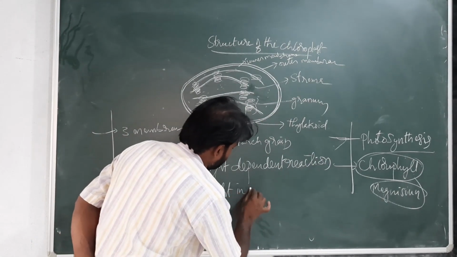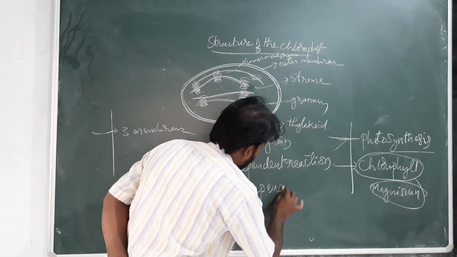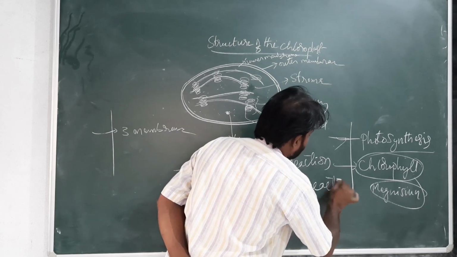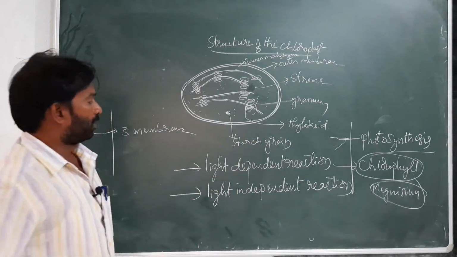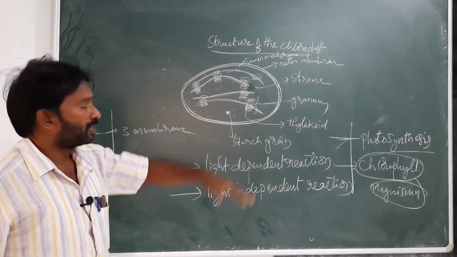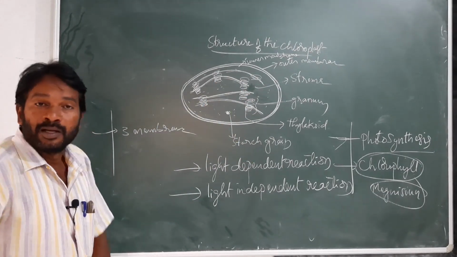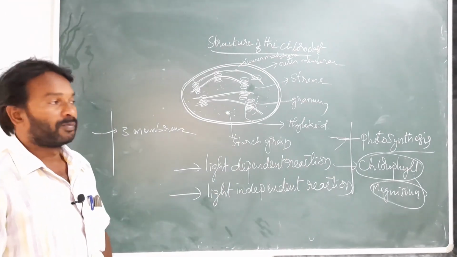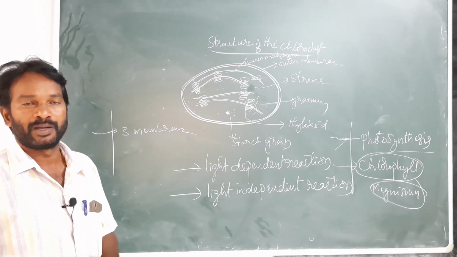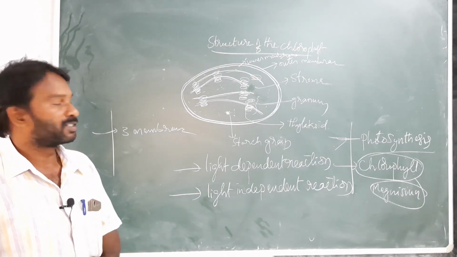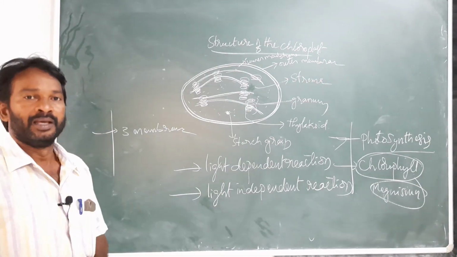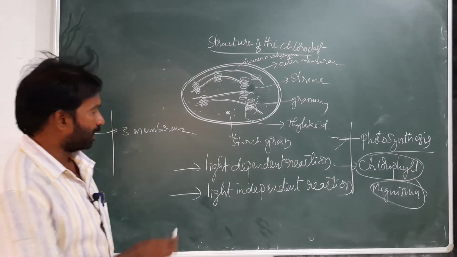The light dependent reaction takes place on the granum, which contains chlorophyll pigments. 250 to 400 chlorophyll pigments are grouped as a light harvesting complex. They trap the sunlight and convert it into chemical energy. That is how the light dependent reaction takes place.